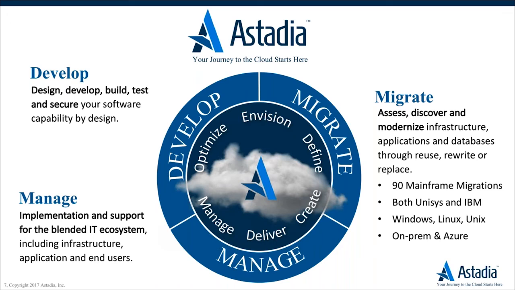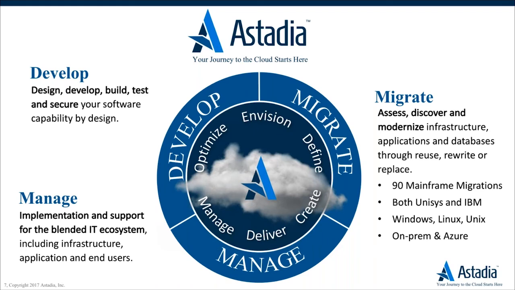We have three main areas that we focus on. I'll first describe the develop arm of our solutions, and this includes things like implementing DevOps solutions for customers, setting up testing as a service environments, all the way to developing applications and web presence and mobile apps, things like that.